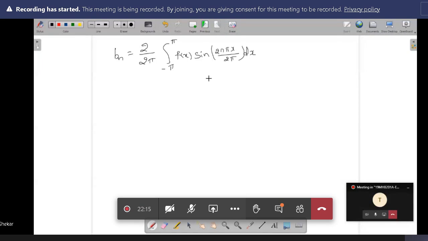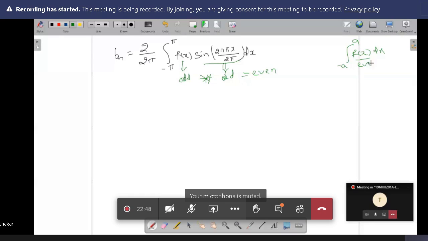Now, just to recollect the definition: f of x is an odd function, so this is odd, and sine is also an odd function. So their product, odd into odd, is even. That means for any integration from minus a to a of f of x dx, if f of x is even, then this integration becomes 2 times the integration from 0 to a of f of x dx.